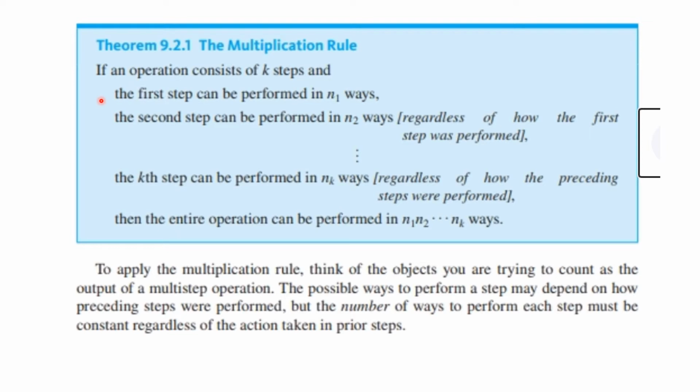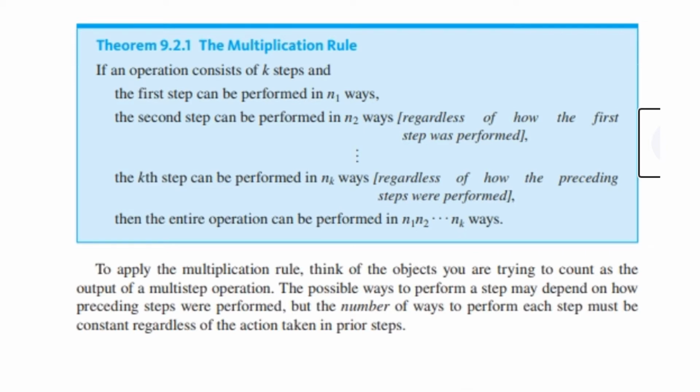If an operation consists of K steps, and the first step can be performed in N1 ways, and the second step can be performed in N2 ways, regardless of how the first step was performed, and so on, and the kth step can be performed in Nk ways, regardless of how the preceding steps were performed, then the entire operation can be performed in N1 times N2 times ... times Nk ways, and that means you're multiplying these numbers together.